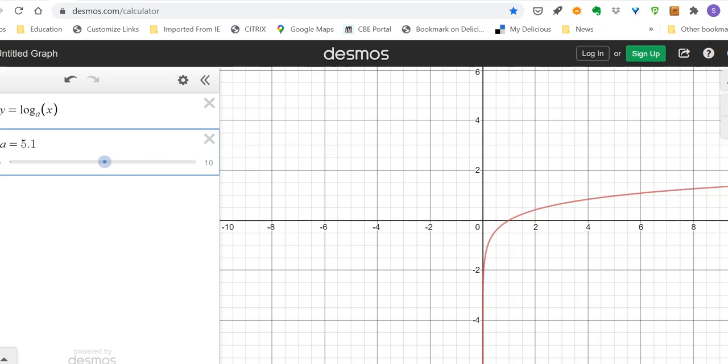As the base is going higher, the graph gets less steep. But when it goes between 0 and 1, it's flipping, right? Now it's Q4 to Q1. Base gets higher, graph gets less steep. And then all of a sudden, it flips when the base is between 0 and 1. And that's where we'll end it.